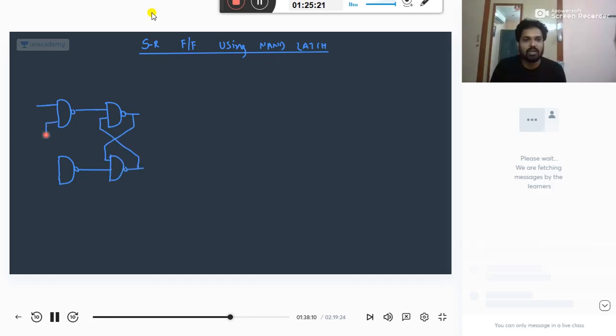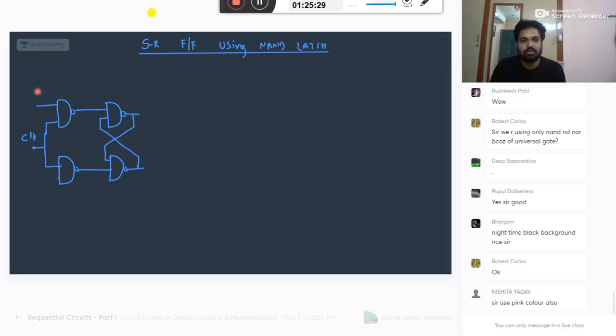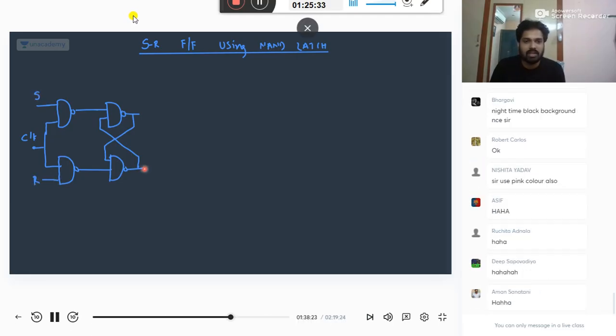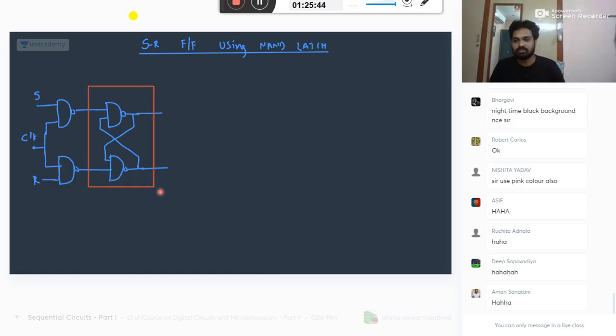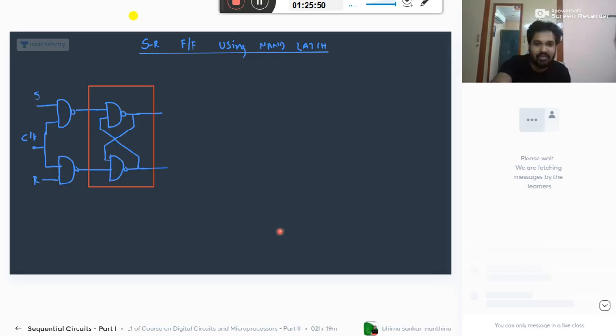Now I use one new input. This is your control input called clock. Why clock is required, I will explain, don't worry. Why can't you see anything? Is it not visible, everybody? Please comment. The developer is not crazy like us, so he changed that color black into white.